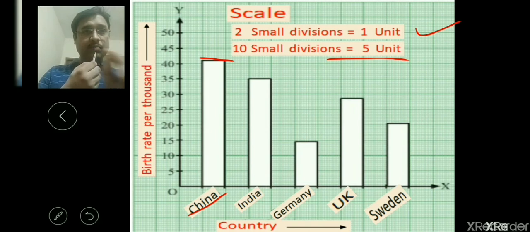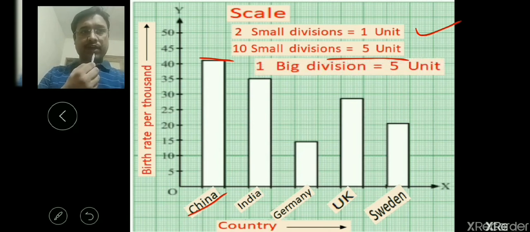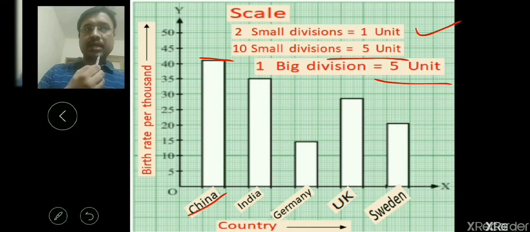One small division means the smallest square in this graph paper. So one big division equals 5 units.